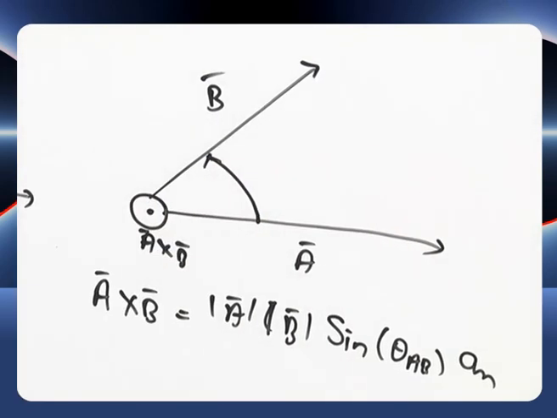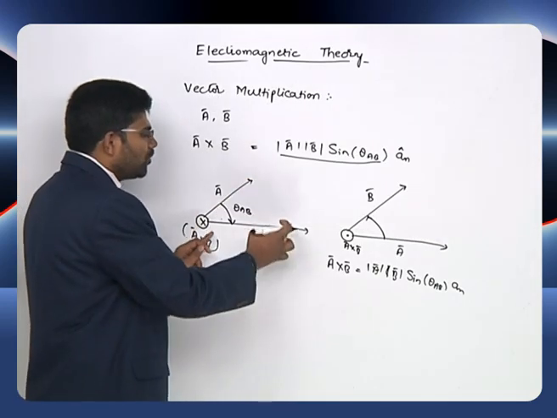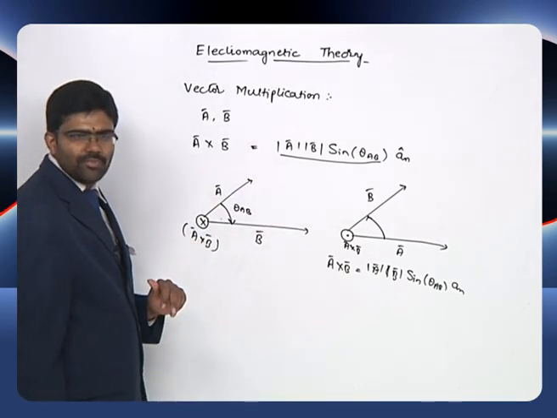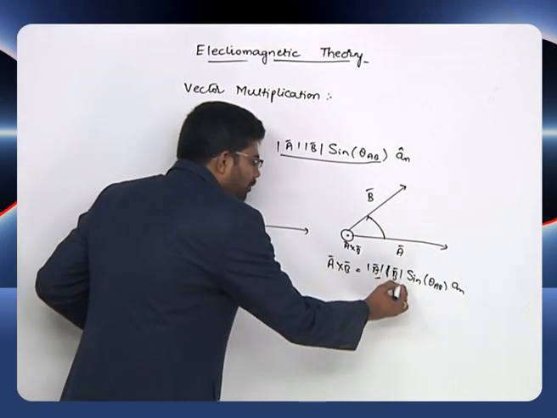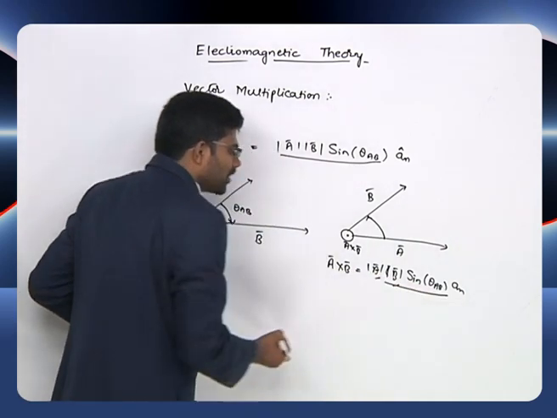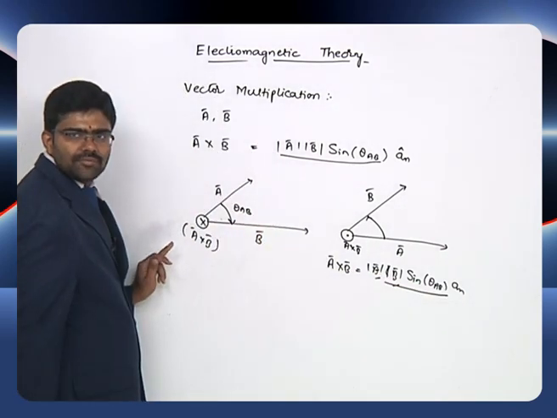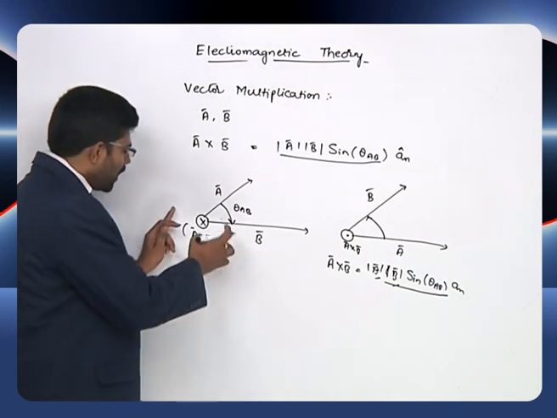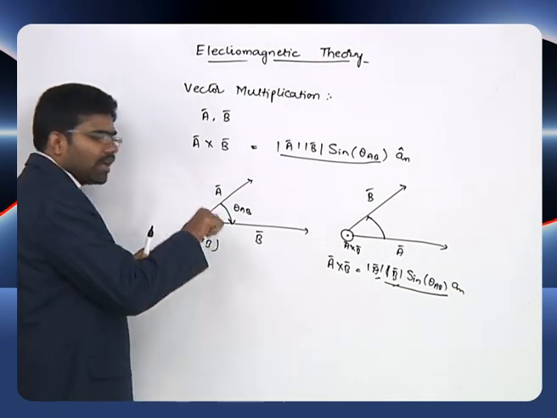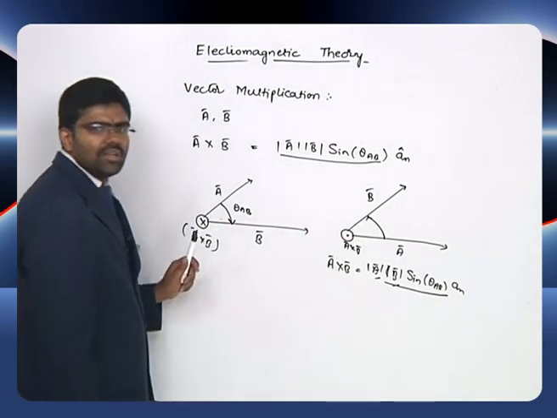Now if these two vectors are the same in magnitude, then a b sin theta ab gives you the same result in both cases, so the magnitude is the same, but in this case it is going into the plane, and in this case it is going out of the plane.